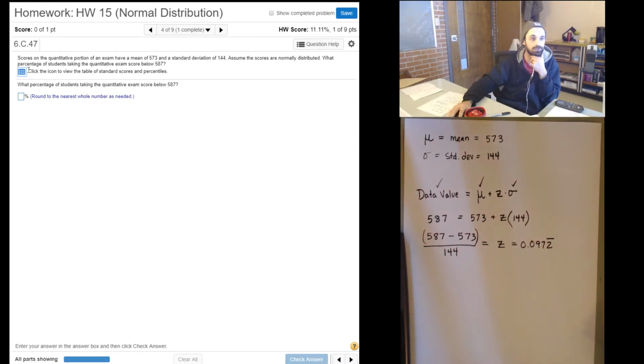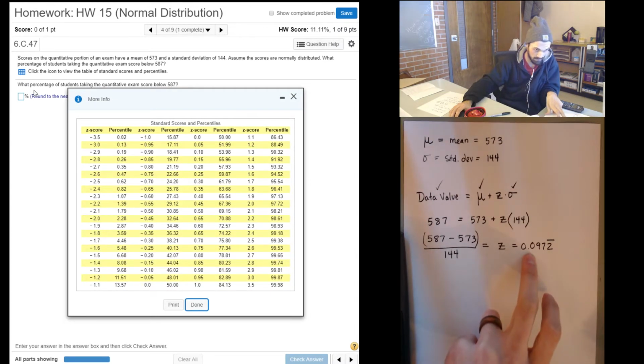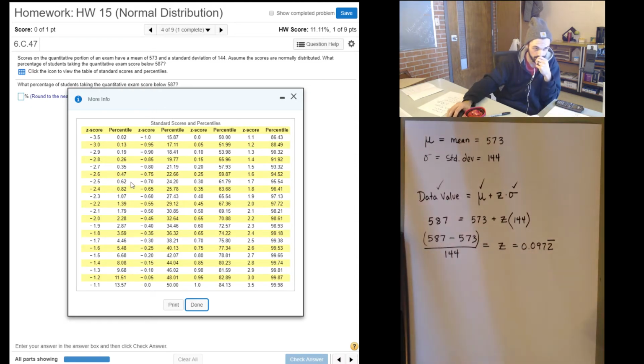So now we need to go through our table and find the value of z closest to 0.097. Let's see, I'm looking for z of 0.09, 0.05, 0.1. It's pretty darn close to 0.1.